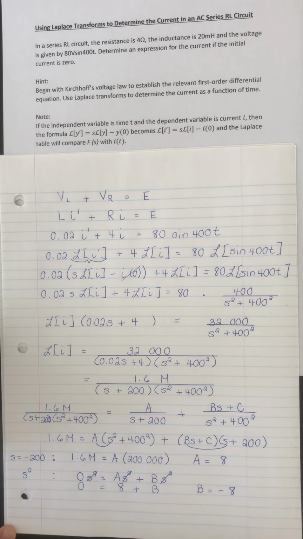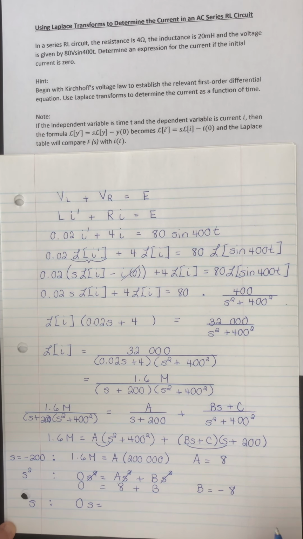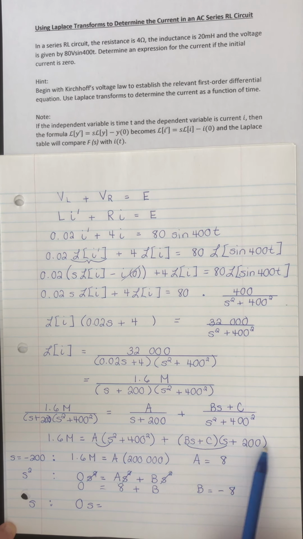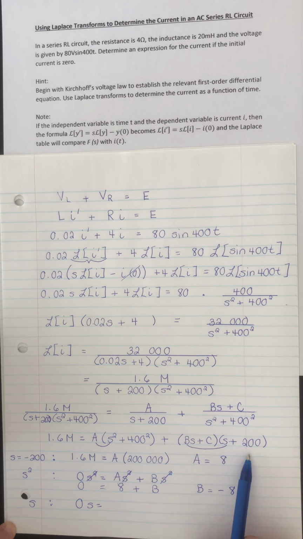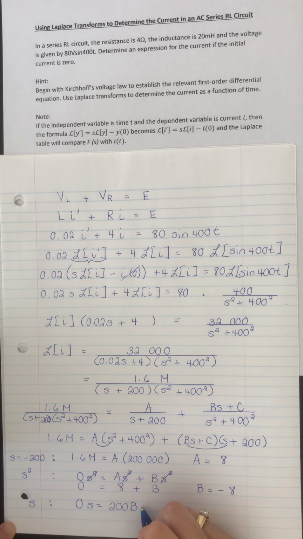If you use the coefficient of s, you would write 0s is 200bs plus cs, like this, okay? 0s is equal to, so there is no s term here, but there are two in here from the outside and the inside. So on the outside, it would be 200b times s.